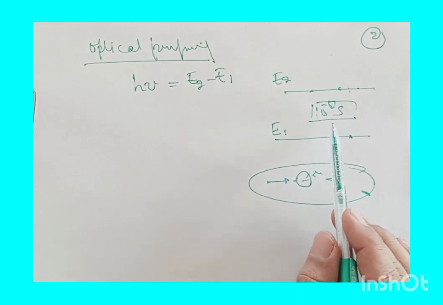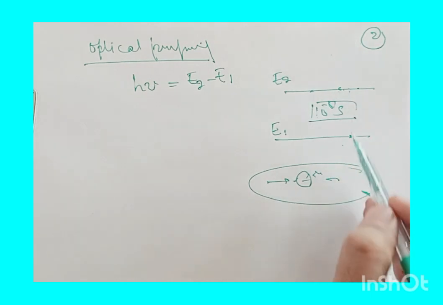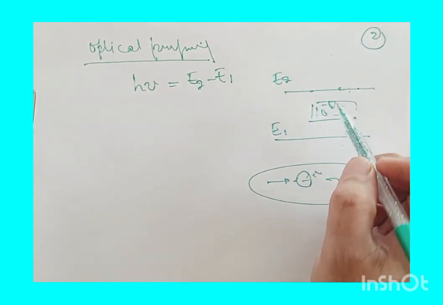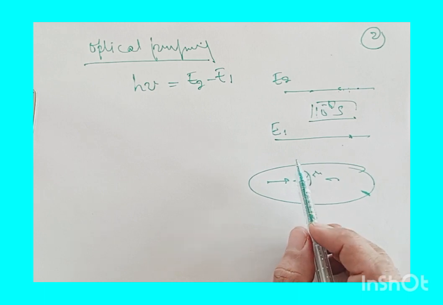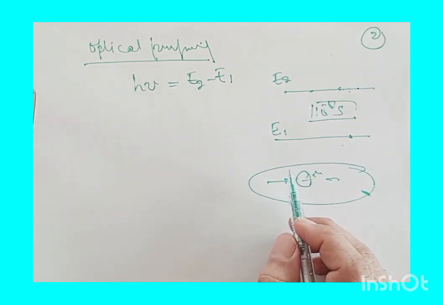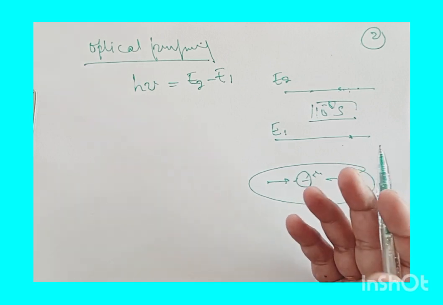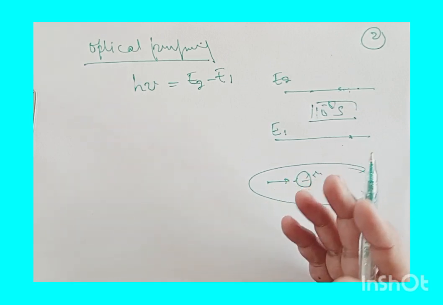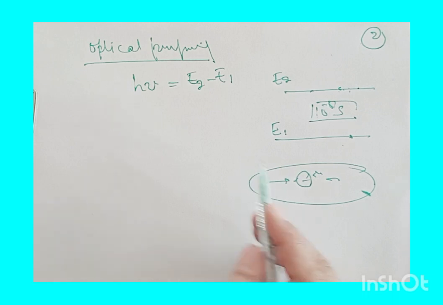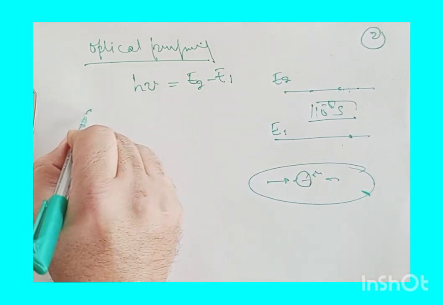In a two-level system, the problem is that the moment you take them to the excited state, they come back to the ground state very, very fast. So automatically what we have is spontaneous emission of radiation.